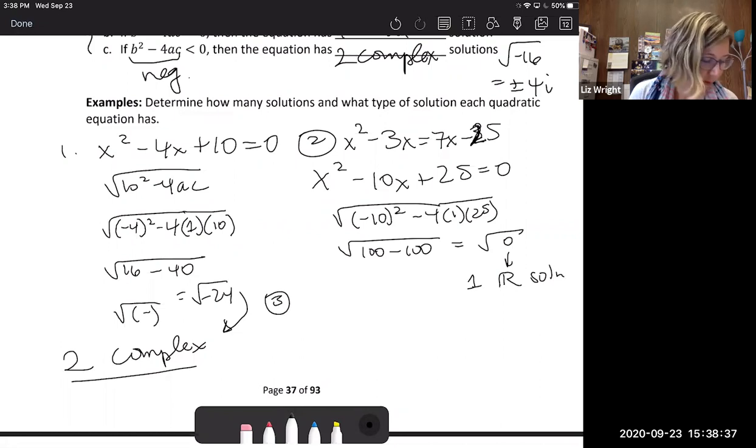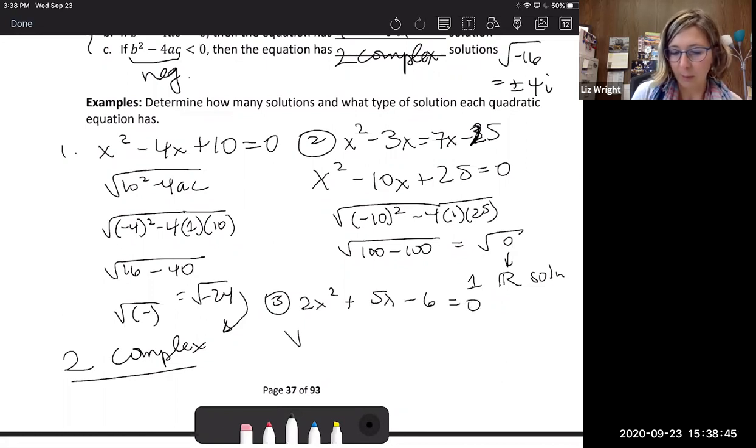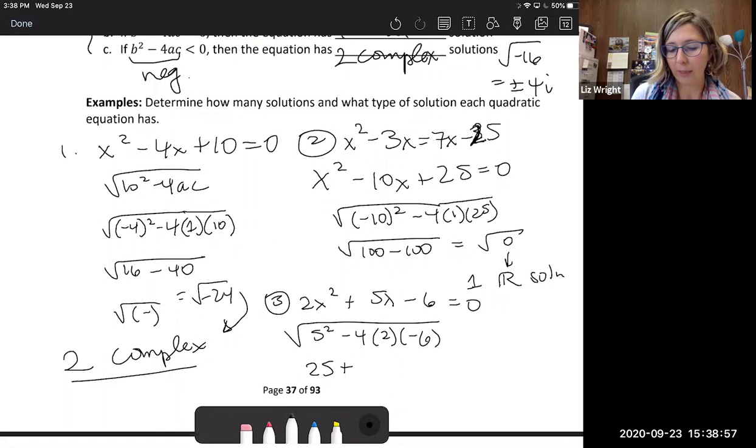And then our last one, guess what? What's this one going to be? 2x squared plus 5x minus 6 equals 0. So b squared is going to be 5 squared minus 4 times 2 times negative 6. And we're going to have 25, plus, and then we've got 24 times 2, which is going to give us 48.